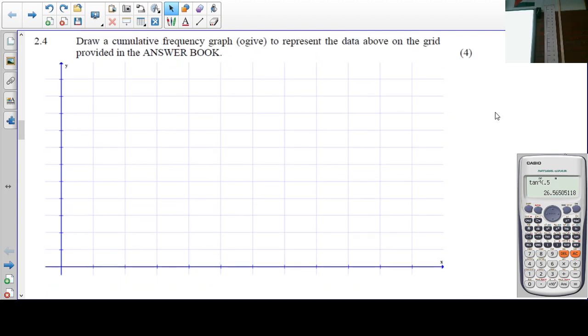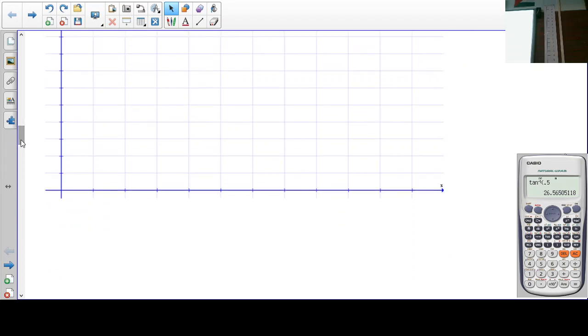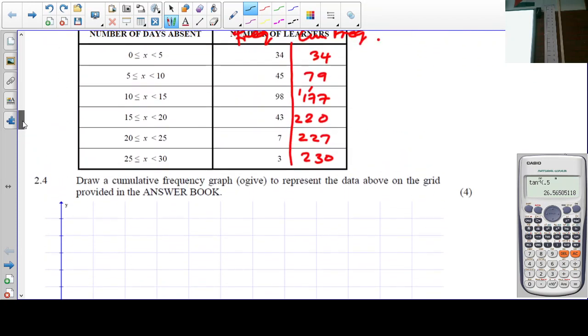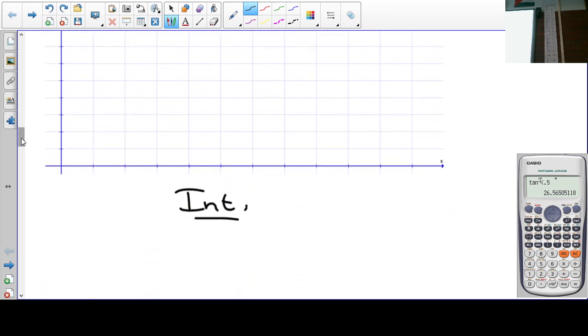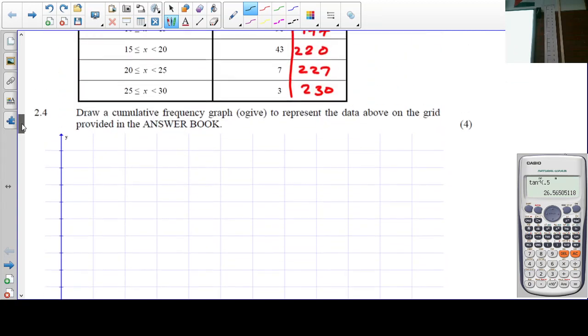Okay. So if you look at the interval, this is our interval, or number of days absent. We see we go from 0 to 5, then 10, 15, 20 and so on. So I go 0, 5, 10, 15, 20, 25, 30. What's the maximum here? 30.